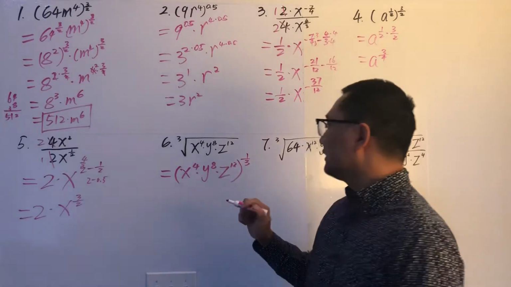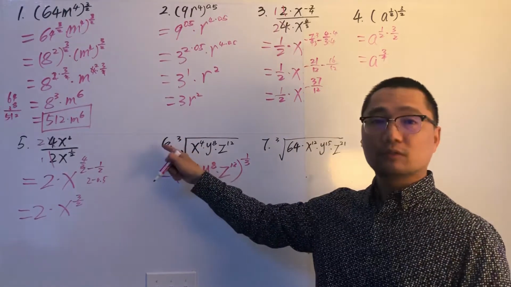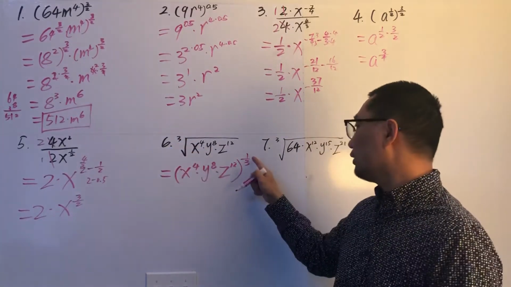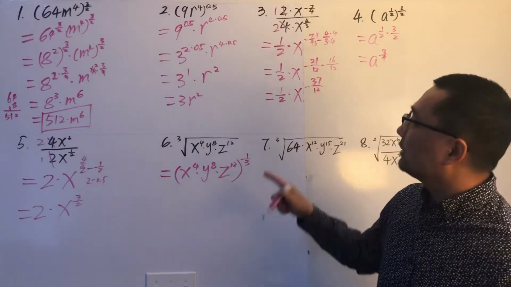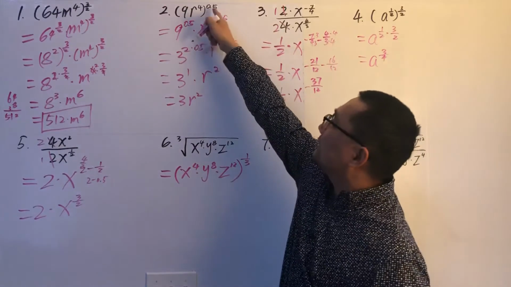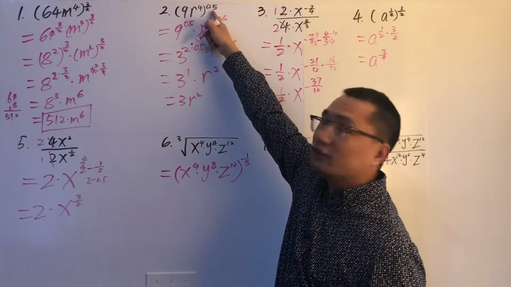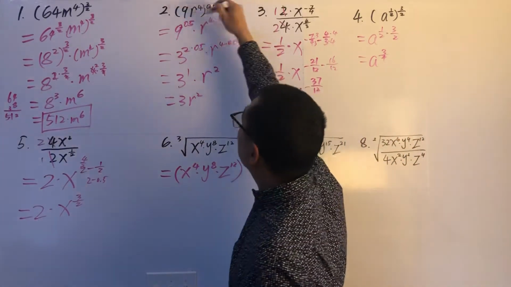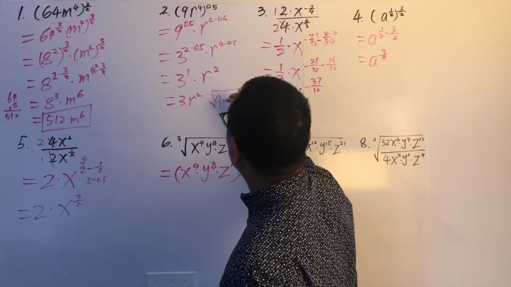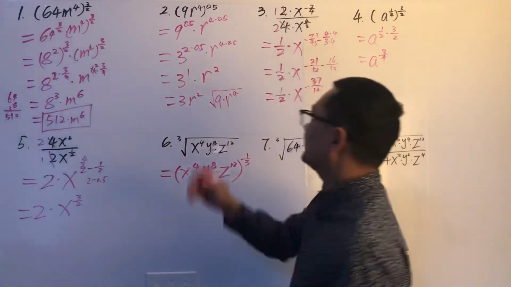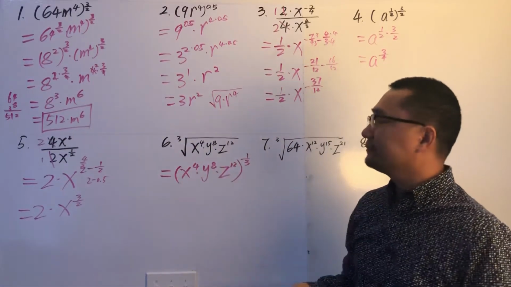Okay, so if this is a square root, what's that? That means 1 over 2, correct? And for example, this is 0.5, and it's also 1/2, then you can rewrite this as square root of 9 times r to the 4. The same thing here. Okay?